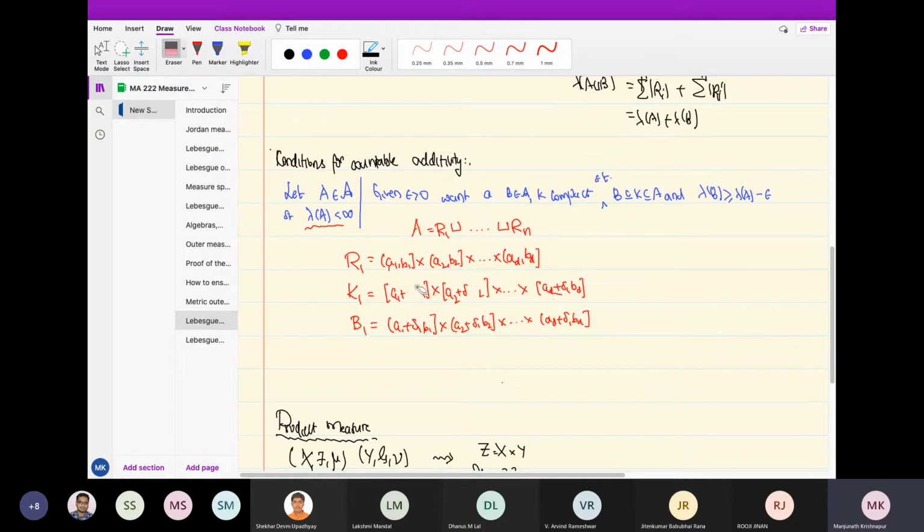Let me write it again. If I make it A1 closed, then that is not in R1. I want a set which is contained in R1. I myself could not read what I had written.